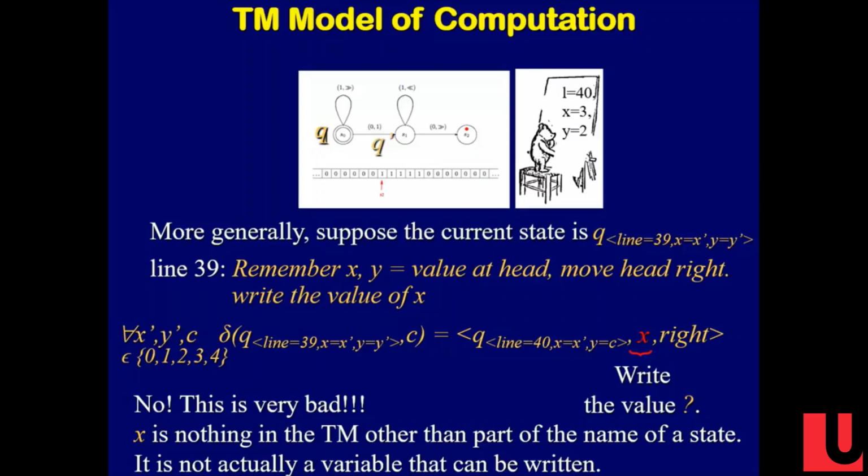No spoons. You know what I'm getting at? So here, that looks to me like a spoon. It looks like a variable. It looks like the guy is saying, I'm going to write the value of X into like a subroutine call. And that's bad. We don't have variables. X, the character X, is just the name of a state. It has no meaning in the Turing machine.